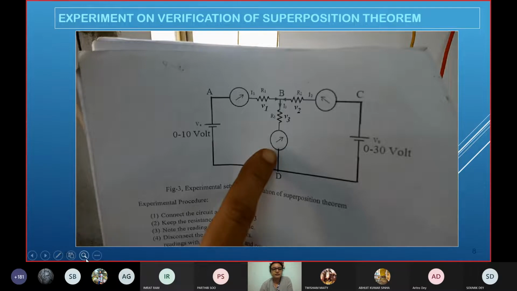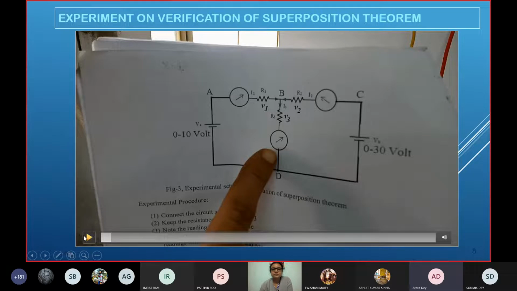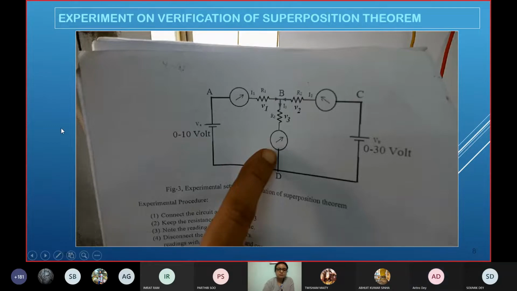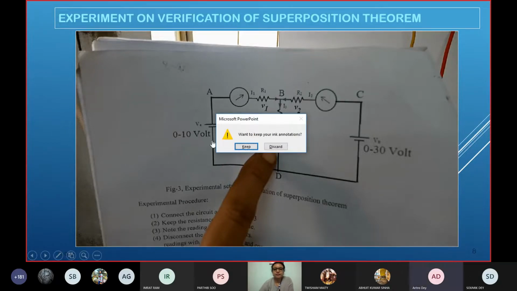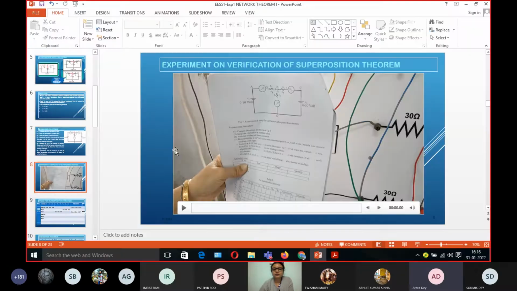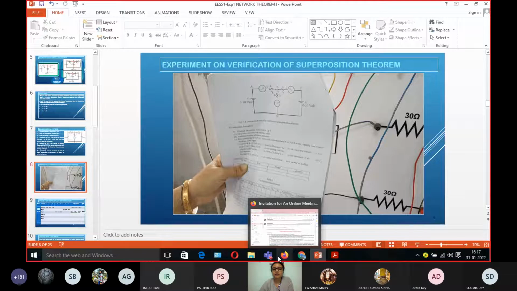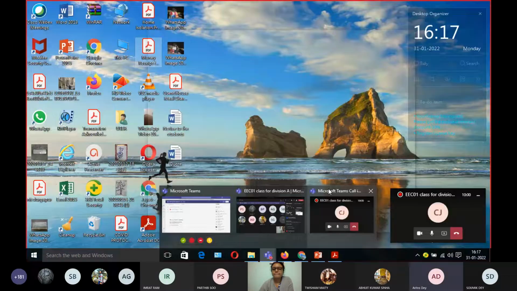How can I share? Do you have your MS Team app in your laptop? You are trying to present through web mode, no? Yes, maybe because of that.